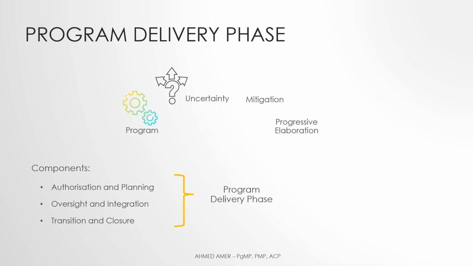Be mindful that the entire component's life cycle occurs during the program delivery phase. Program delivery ends when the program steering committee or governance board determines that the specific criteria for this phase have been met, or maybe a decision is made to terminate the program before that.